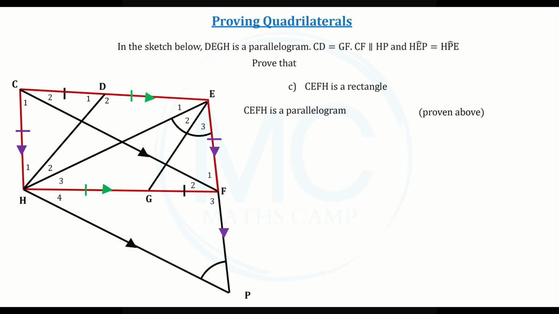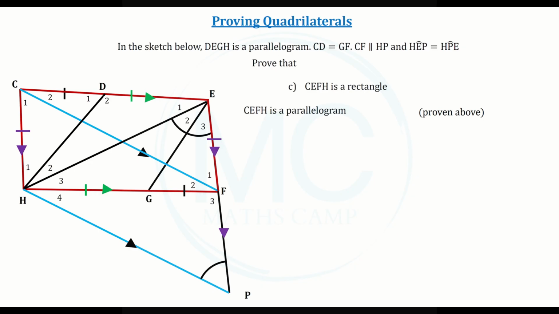Now we need to prove that CF is equal to HE. CF is a diagonal, but is also a side of CFPH. And in part B, we proved that CFPH is a parallelogram. We know that opposite sides of a parallelogram are equal. So let's make CF and the opposite side HP blue.